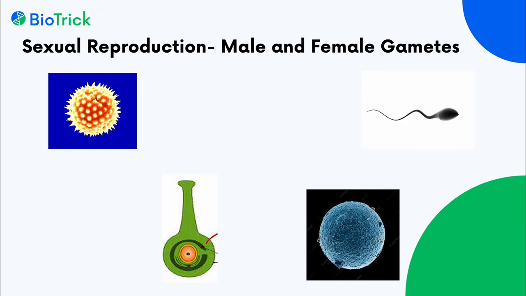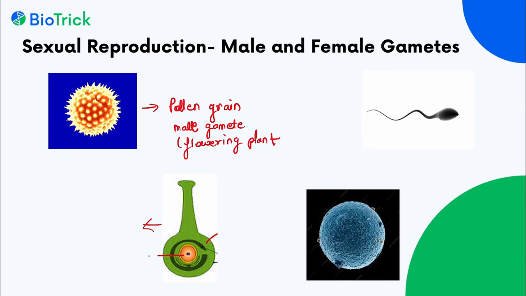Now let's take a look. This is the pollen grain, that is the male gamete of flowering plants. And this is the egg cell or female gamete of flowering plants.